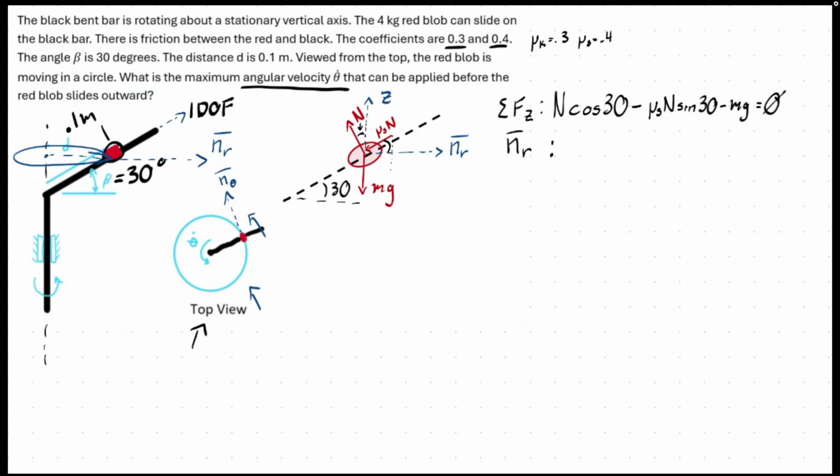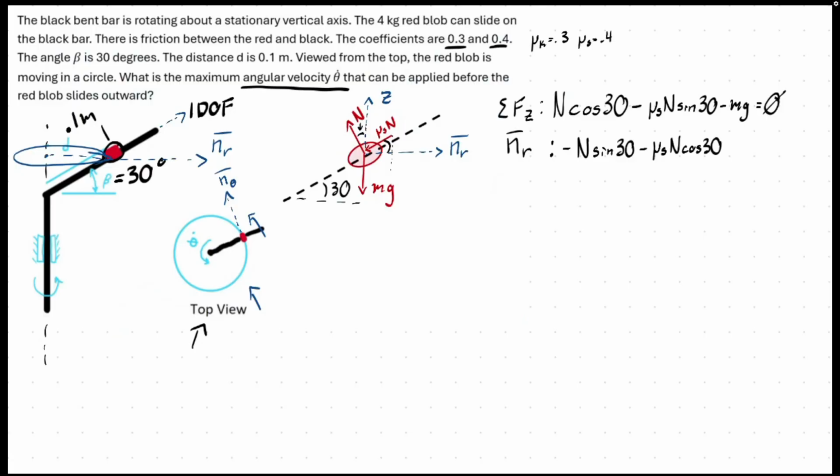Since up there was cosine, we're going to change that to sine. So sine of 30, and is it going with or against the radial direction? It's going against, it's going in this direction, that component. So it's going to be a minus sign there. And then our next one is also that friction, mu s N. Since the one above was the sine, this other one is going to be the cosine of 30.